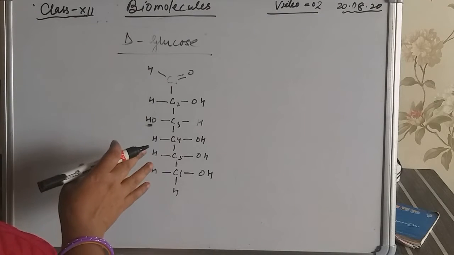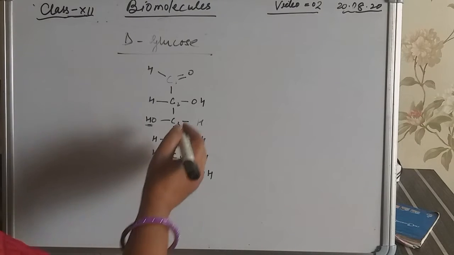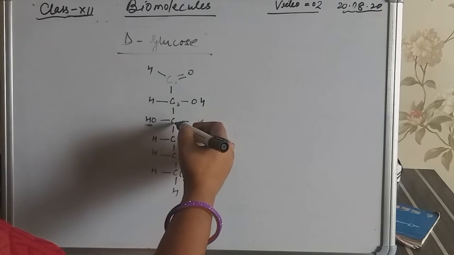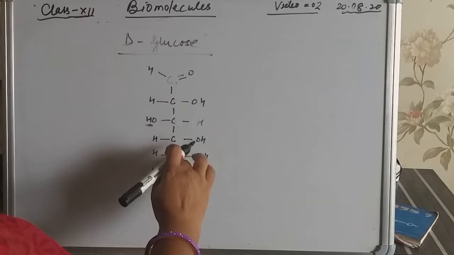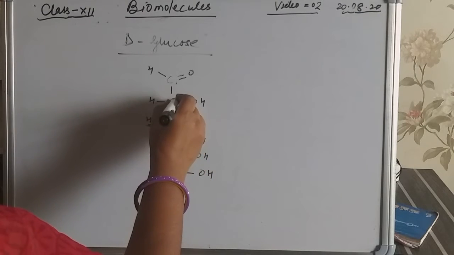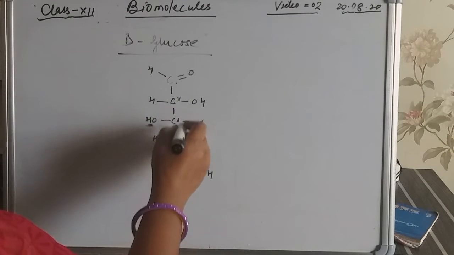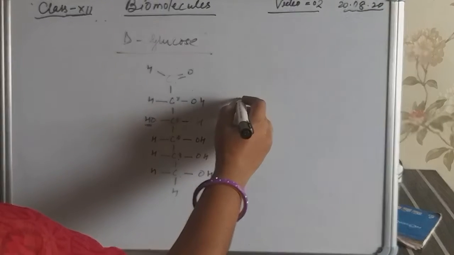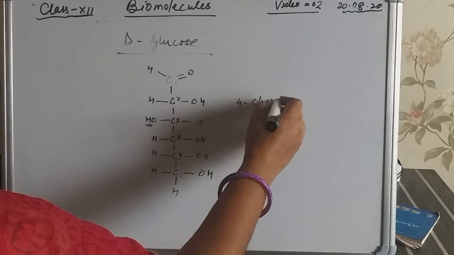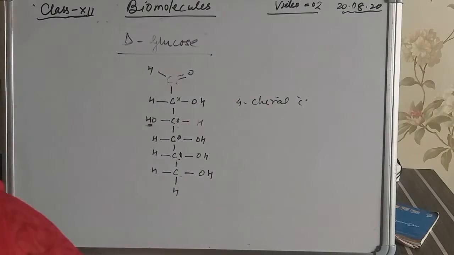How many chiral carbons are present? Let's write down the carbons: 1, 2, 3 and 4. So there are a total of 4 chiral carbons.